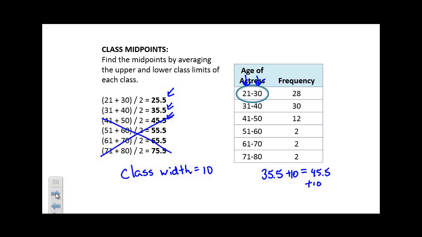Add 10 again, 55.5. There's my fourth class midpoint. So it does create a pattern. You can always find your class midpoint by finding the average if you prefer, or you can just find that first one and the second one. Remember, oh hey, that class width creates a pattern, and then just add that class width each time to find the other class midpoints.